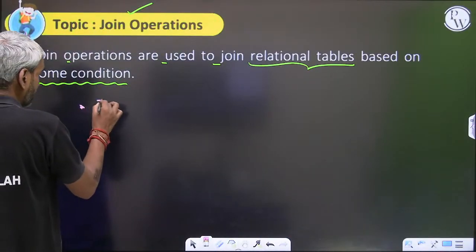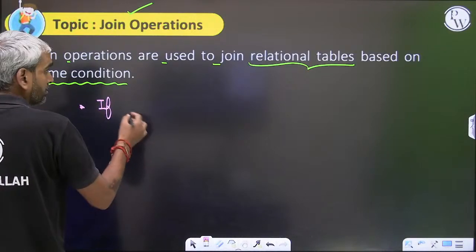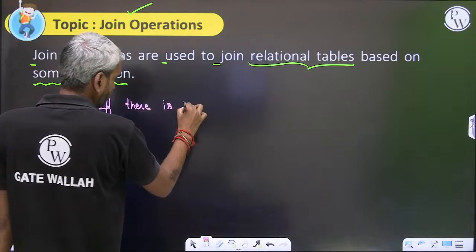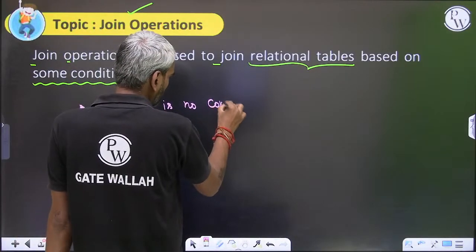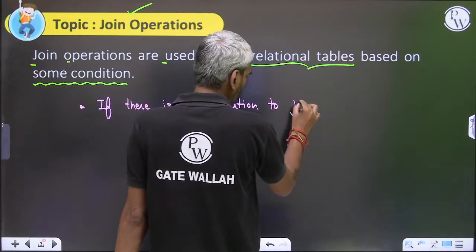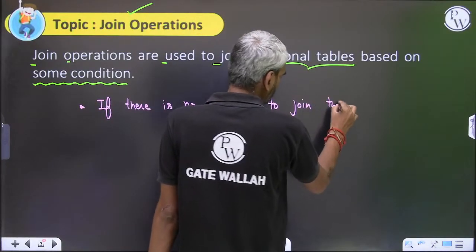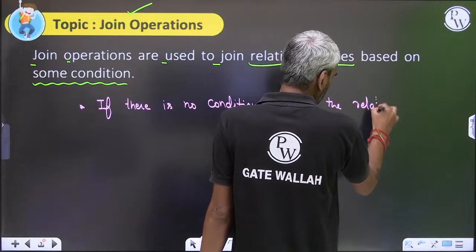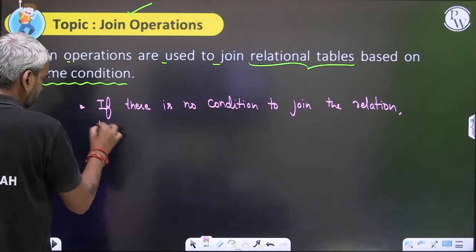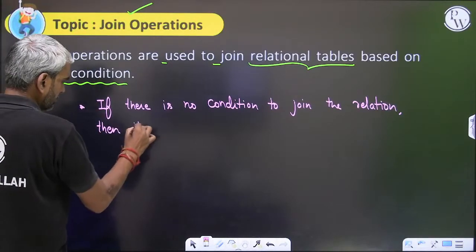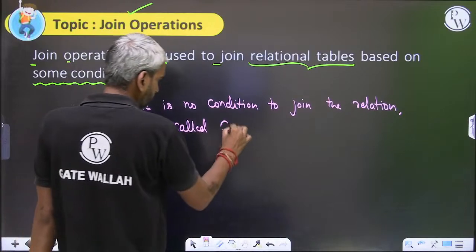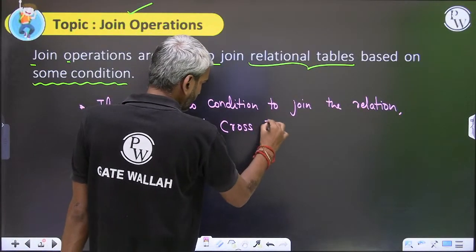Please try to understand, if there is no condition to join the relations, if you are not specifying any condition, then it is called cross join.